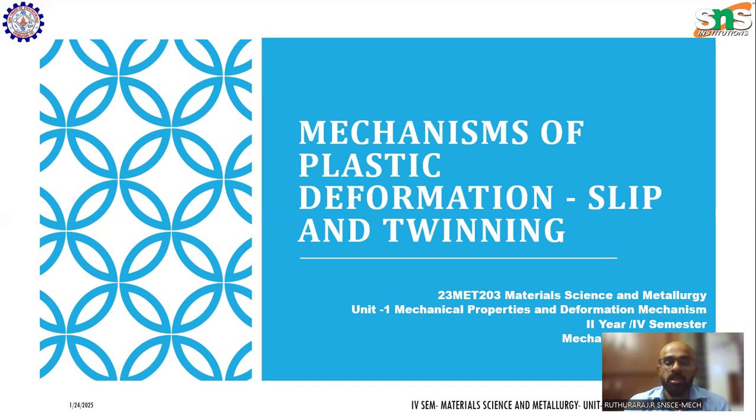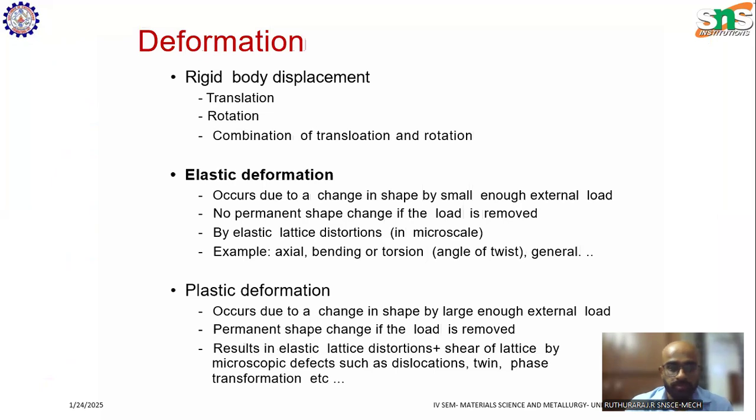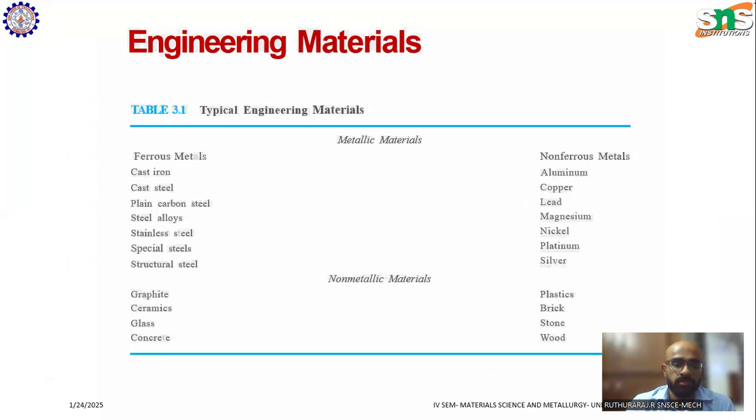So the first topic in this lecture is the mechanism of plastic deformation, slip and twinning. Before getting into plastic deformation, first we will see what deformation is. Deformation is nothing but change in length of an object.